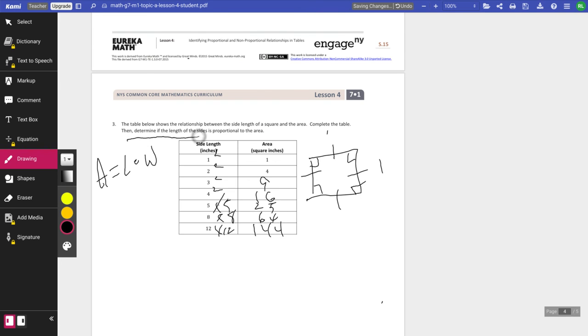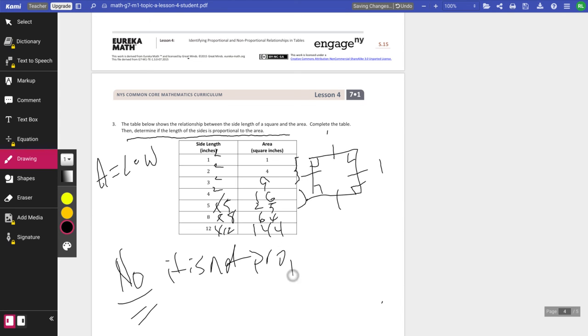Now, then determine if the length of the sides is proportional to the area. Well, I go up by 3, and then I go up by 7, and then I go up by 9, and then I go up by 39. So is that proportional? No. It is not proportional.